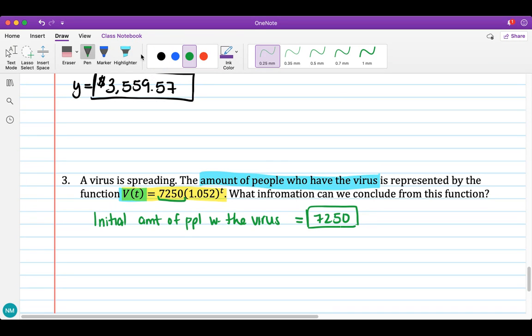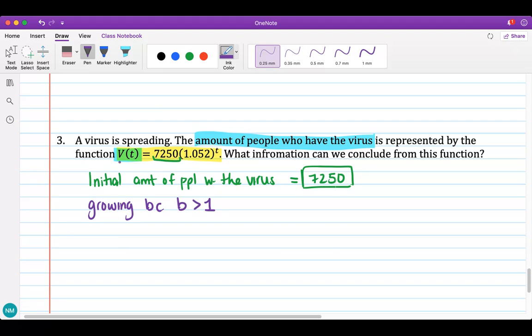So we know that it is growing, because b is greater than 1. We also know that our growth factor is equal to B, which is 1.052, meaning it's being multiplied by itself each time.